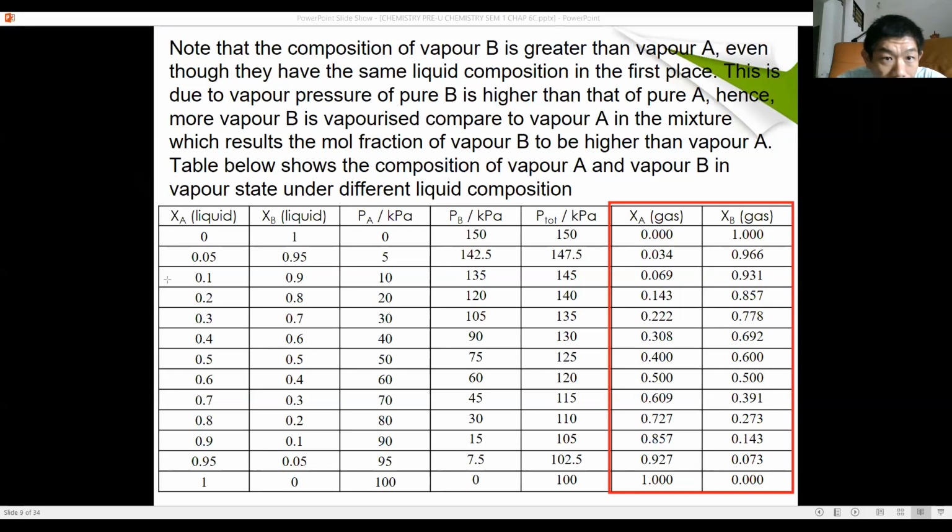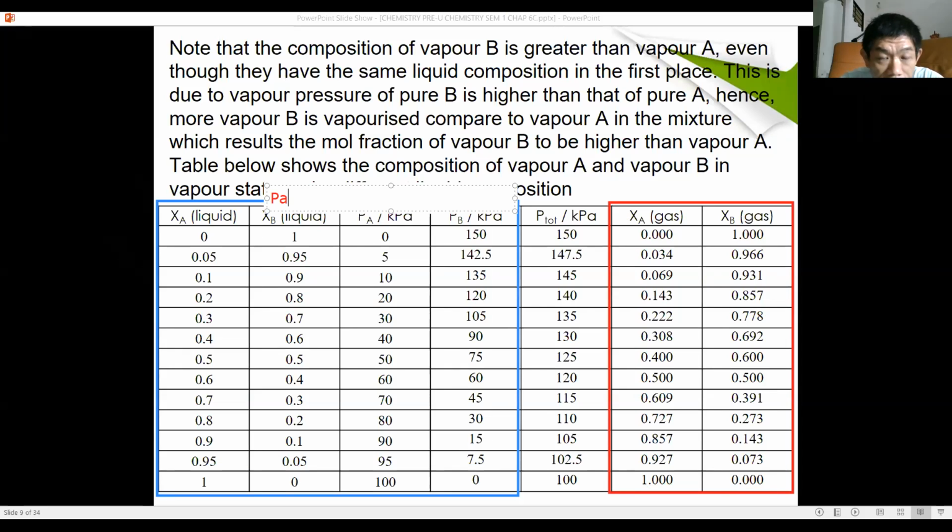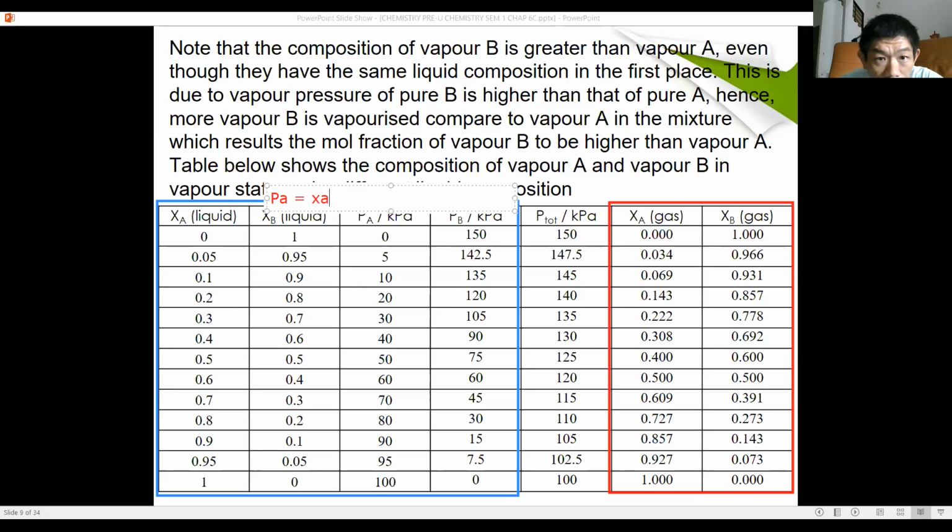This one is the first step where you use Raoult's law, where our formula is PA equals XA times PA naught, sorry, PA naught. Whereas for PB you use XB times PB naught.